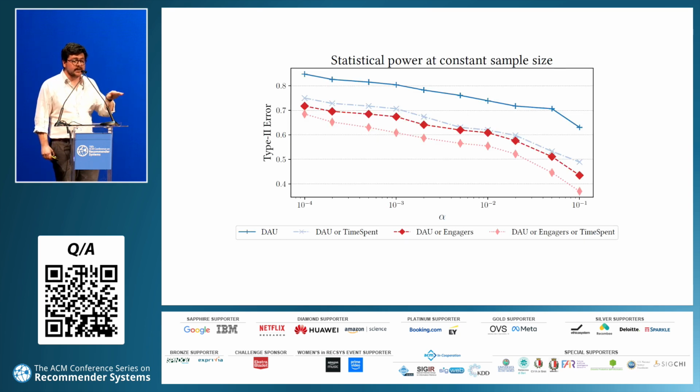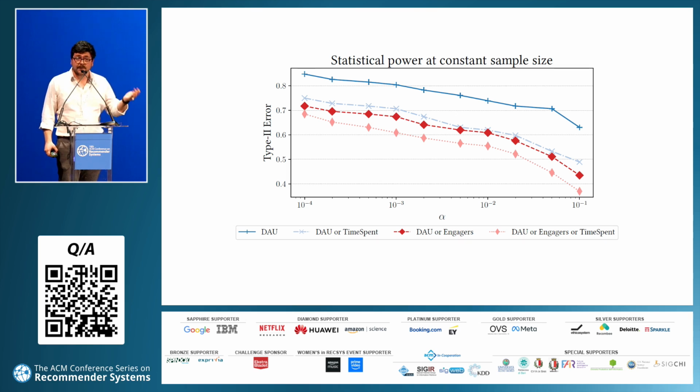So here on the x-axis you have a changing value of alpha, so how many type 1 errors you're allowing to exist. On the y-axis you have type 2 errors, and if we just look at a single metric, for example DAU, which is really quite important for the growth of a platform typically, we get fairly high type 2 errors.